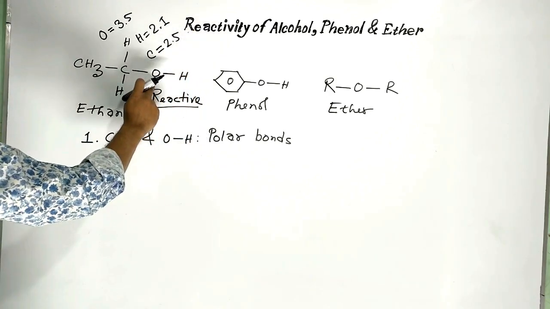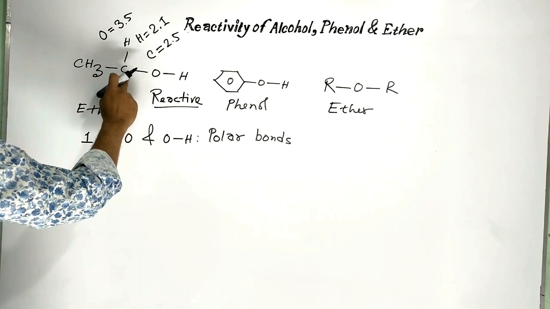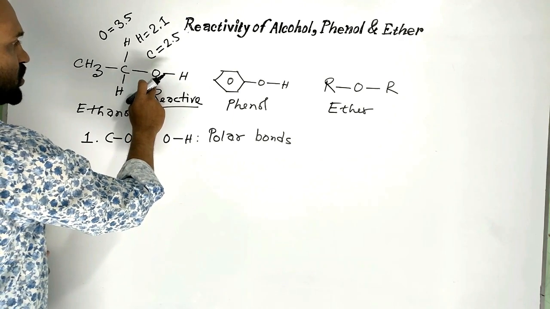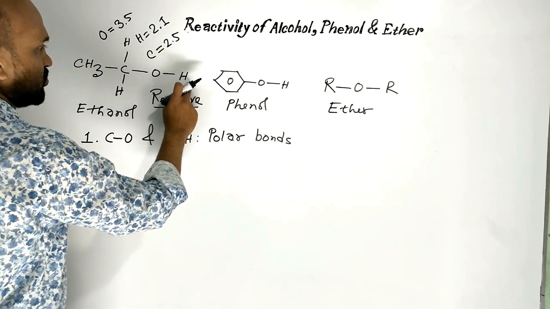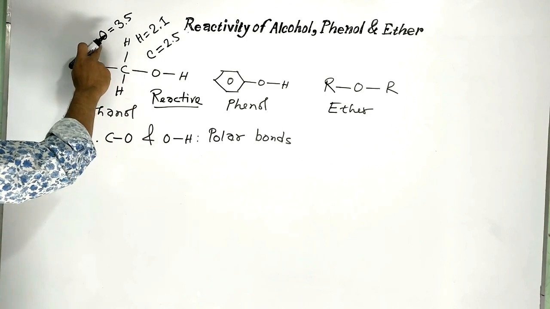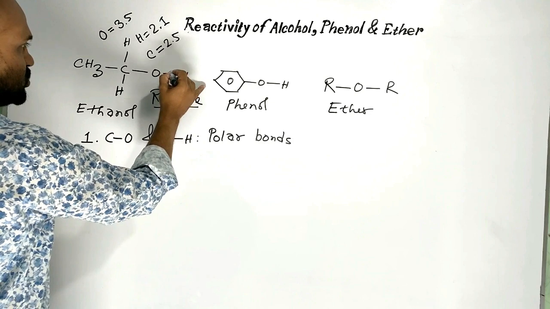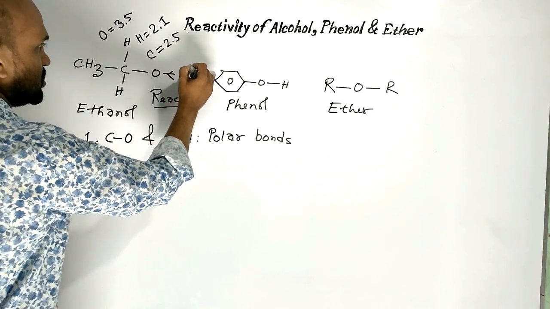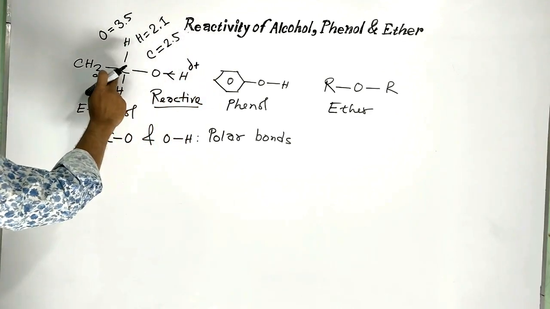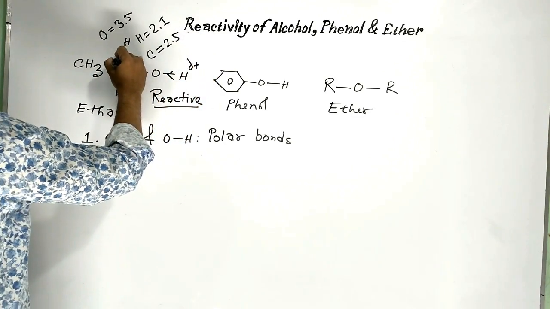So oxygen attracts electron clouds from the carbon oxygen bond, at the same time from the oxygen hydrogen bond, as electronegativity of oxygen is higher than carbon and hydrogen. So this bond is a kind of polar bond and the carbon oxygen bond is a kind of polar bond.